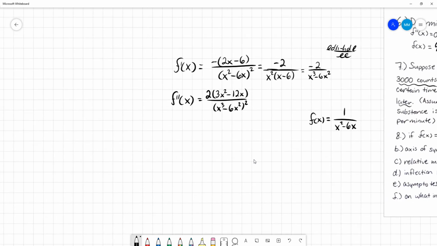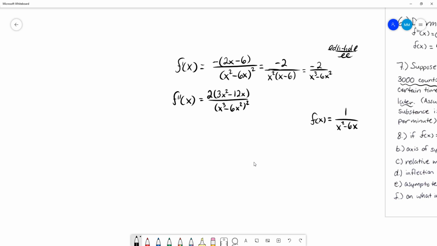Now from there, let's see, can I do any more factoring? Because it would be really nice if I could. So again, I'm just going to expand that a little bit. And I see I can factor out an x from that top.